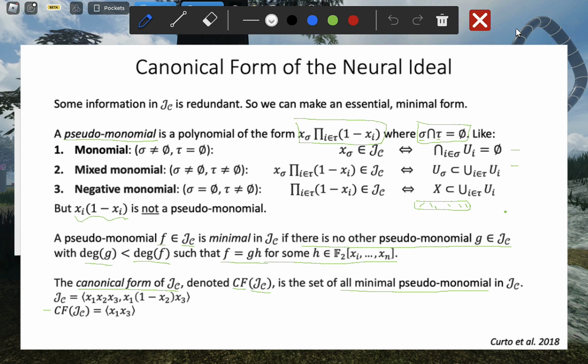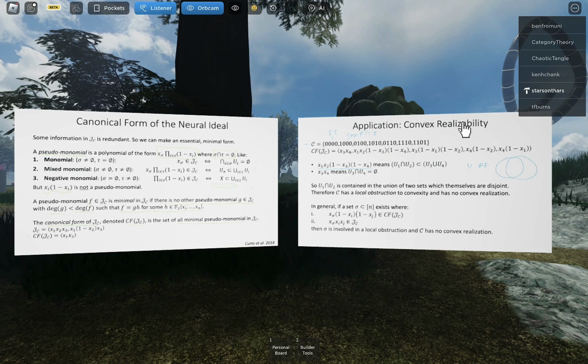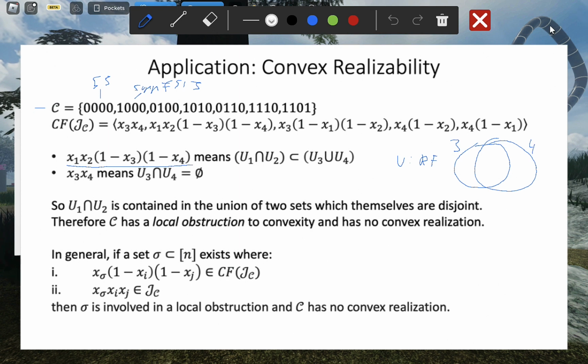Let's say this is 3 and 4, and 1 and 2 are inside of these.